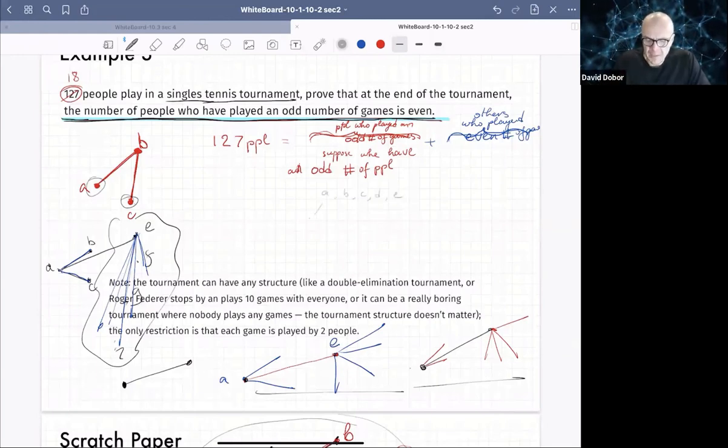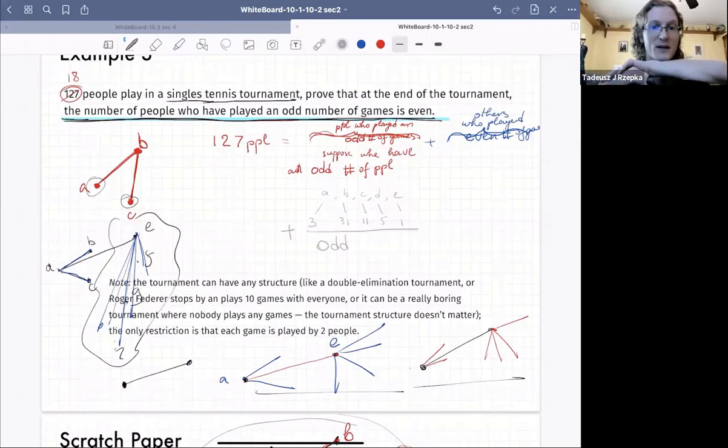Like this guy played 3, this guy played 31, this guy played 11, this guy played 5, and this guy played 1. So I have 5 of them, and each one played an odd number of games. The total sum must be odd, right?